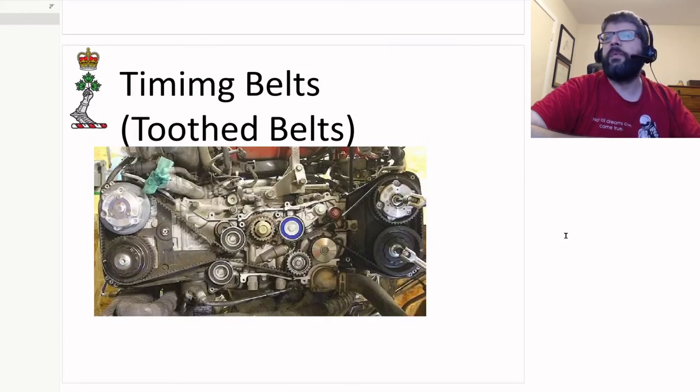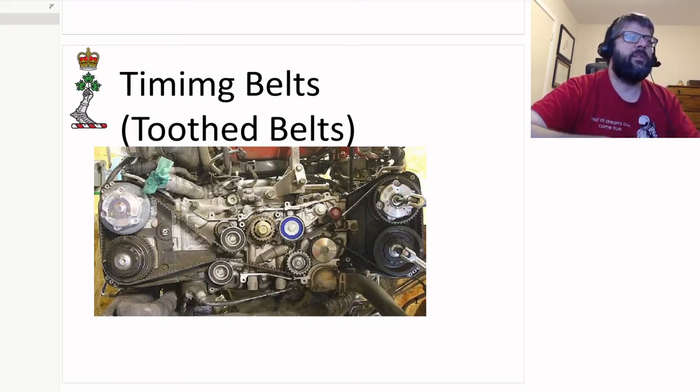Another thing to keep in mind, and I'm not going to go into too much detail about these, but we've also got timing belts. So basically, belts that have essentially tiny little plastic gear teeth built into them. So you're meshing with sheaves or pulleys that have teeth in them as well. Because of the fact that we have these teeth built in, we're not really at all worried about slipping.